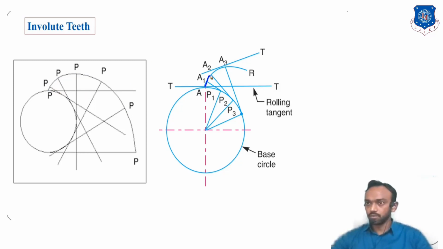From this curve you use one side of the tooth, and this is the top land, and again the same, like a mirror, you get another curve from this side. Like in this figure, this is the first curve, and if you make the second curve in that direction and make the land here, you get the tooth. This is the profile for the teeth. Okay, so it is an involute tooth.